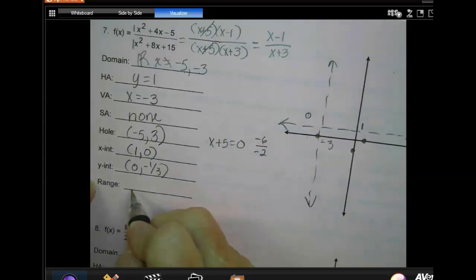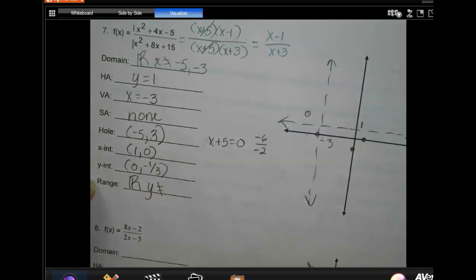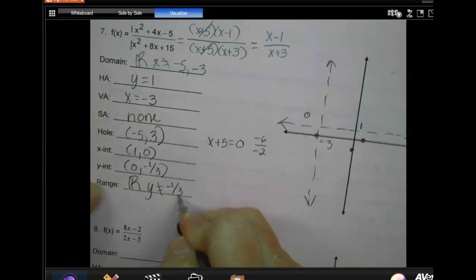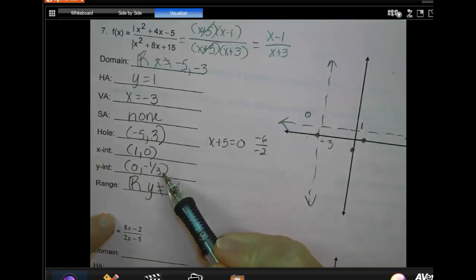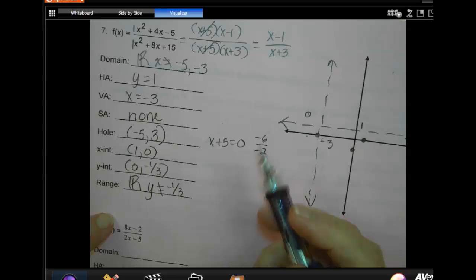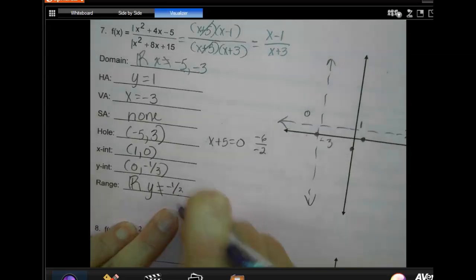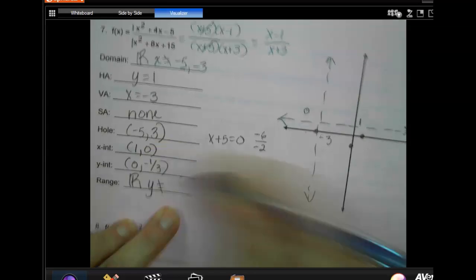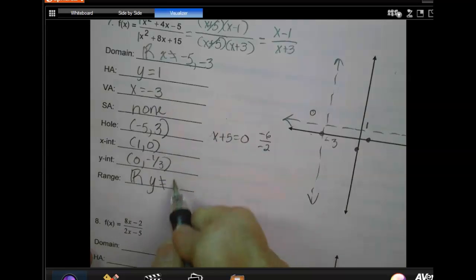And so now my range is going to be all real numbers except y can't equal what? It can't equal 1 from the horizontal asymptote.